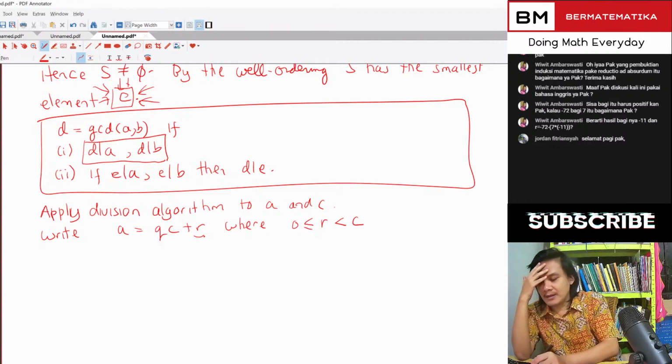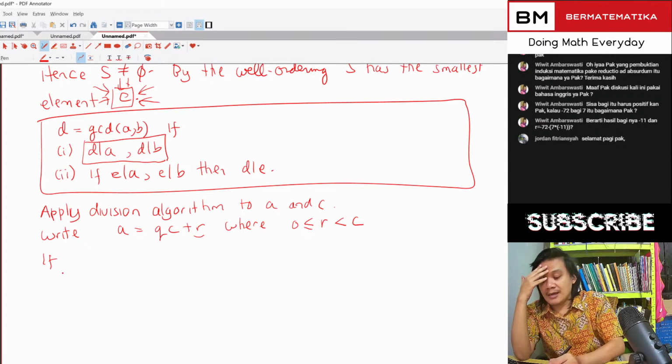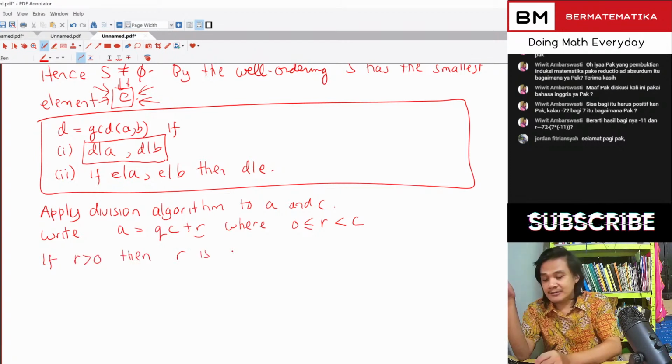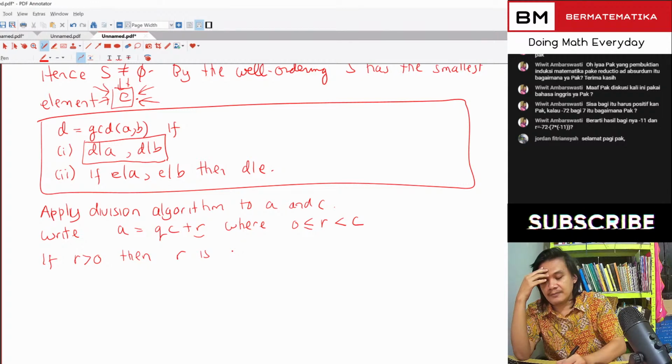If R is strictly bigger than 0, then R is positive. And R is equal to A minus QC.